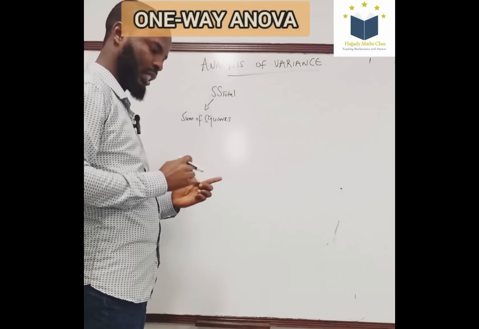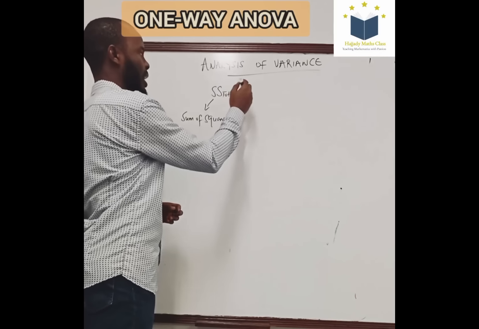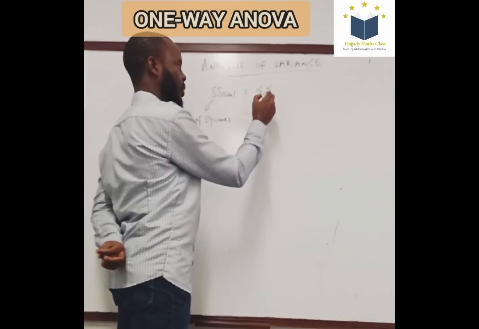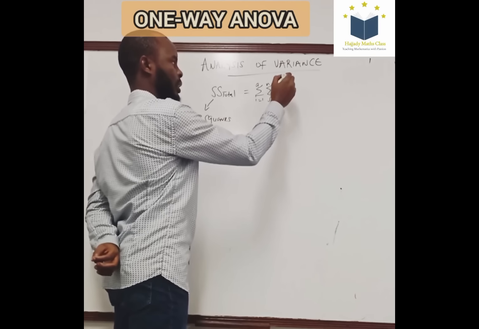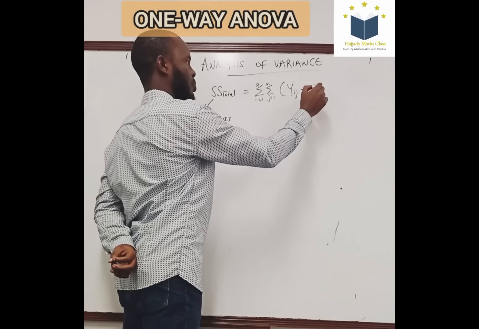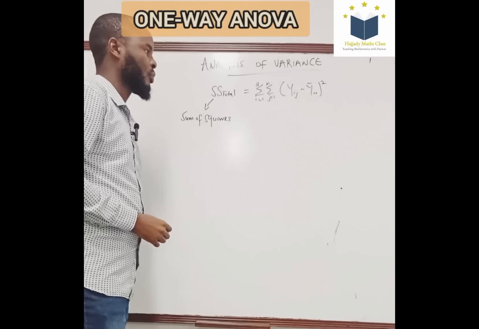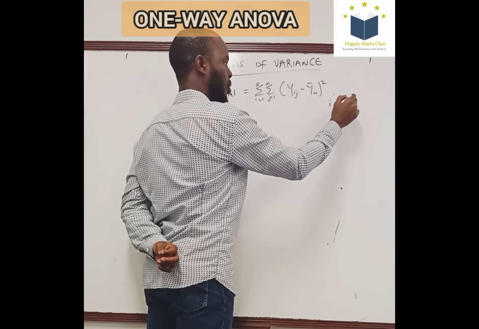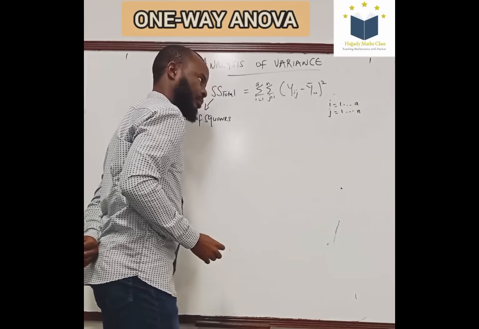So for the total, that means for the general treatment, we have our SS total to be double summation, where my i sums from 1 to a, and my j sums from 1 to n, of Yij, which is the individual observation, minus the overall mean, squared.